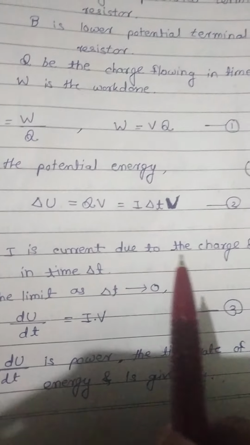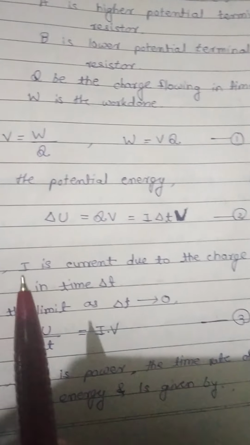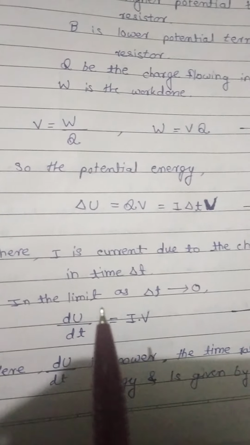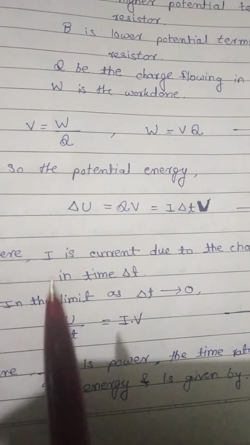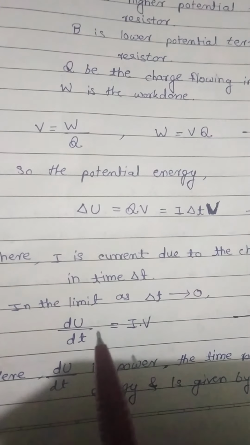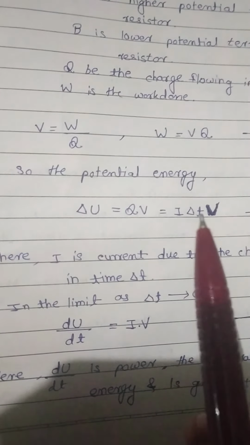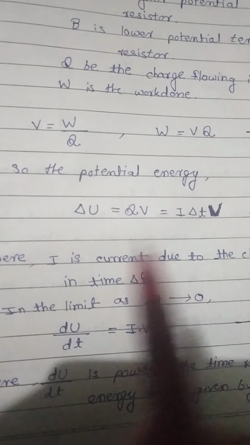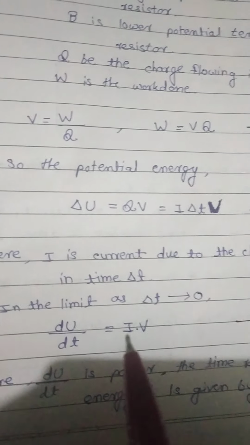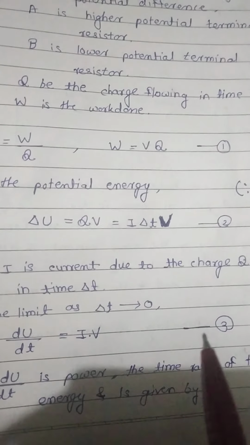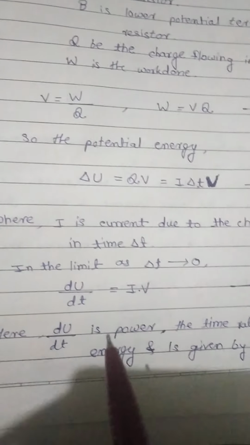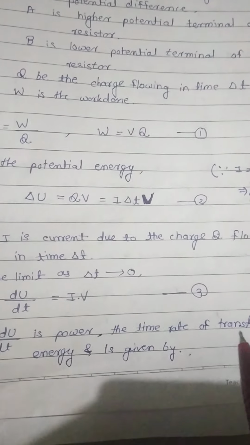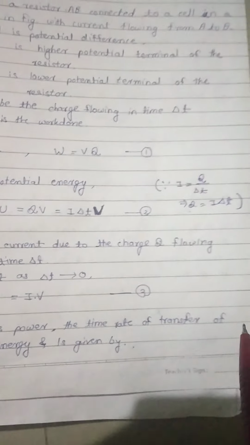This is the second equation, where I is the current due to the charge Q flowing in time delta T. In the limit as delta T tends to 0, dU upon dt is equal to I V. Delta U upon delta T is written in dU upon dt form also. This is equation number 3. Here dU upon dt is the power, the time rate of transfer of energy.